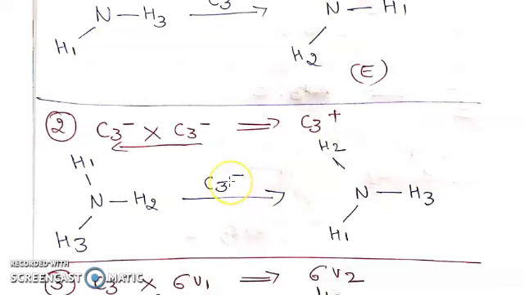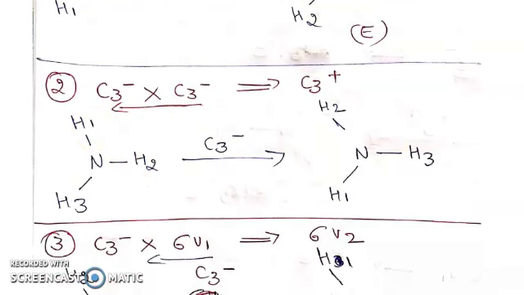C3- means rotation by 120 degrees in the anti-clockwise direction. As a result, the first hydrogen atom will shift here, the third hydrogen atom will come here, and the second hydrogen atom will shift here. This molecule is nothing but C3+. How?